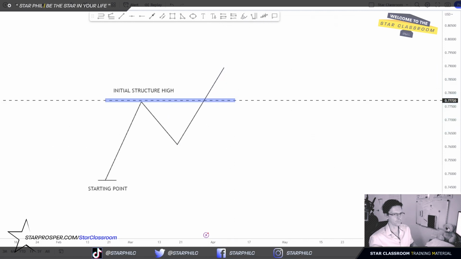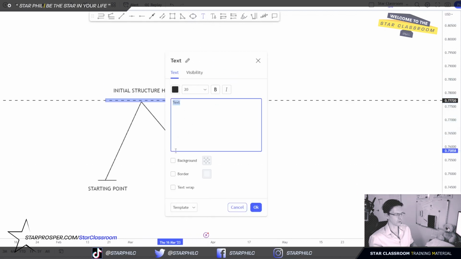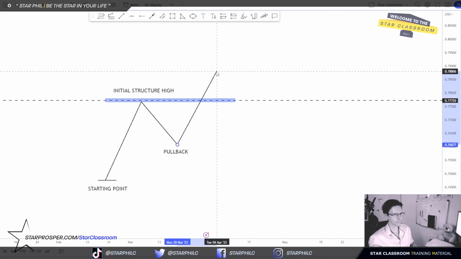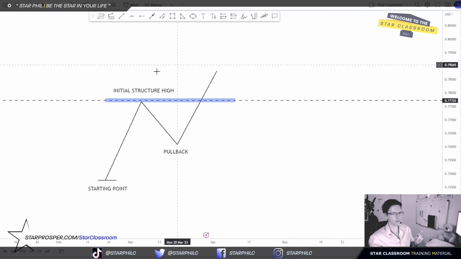Now, if this happens, if we get our starting point like this, and the market puts in a pullback here, and then we get another move towards the upside, here's our pullback. Here is where the trend is valid if this happens.